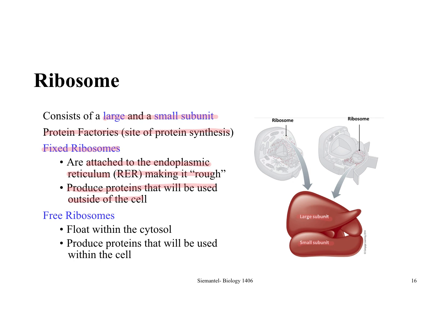Now your free ribosomes, they're just floating around in the cytosol, just hanging out, not bothering anybody, but they produce proteins that the cell will use for itself. So these proteins never leave the cell, they're utilized by that actual cell. So rough ER is going to make proteins for somebody else, but free-floating ribosomes are making proteins for the cell that they are a part of.